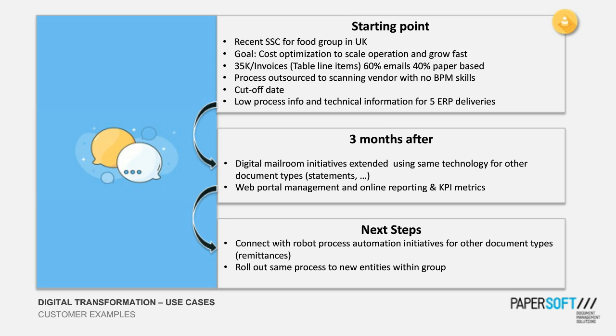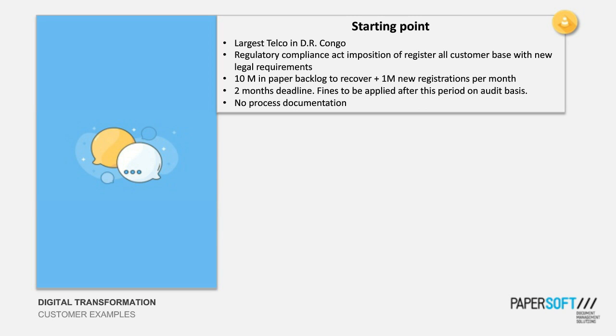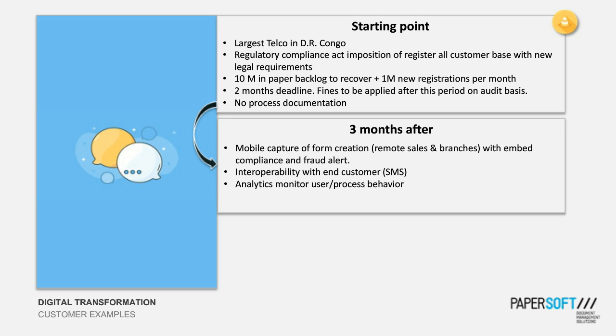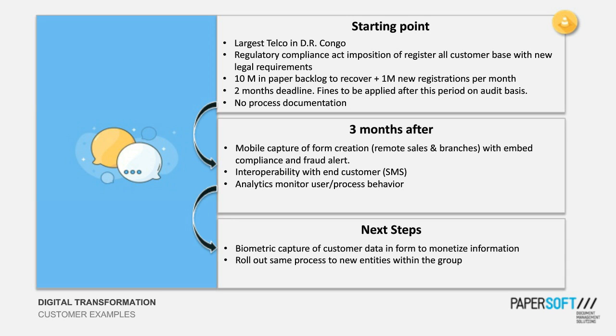Let's see now another example with another customer. We have another customer that is a big telco in Congo, DRC, the Democratic Republic of Congo, with Kinshasa as the capital, and they really struggled with regulatory compliance. There was an act that imposed on them that they needed to register the entire customer base.